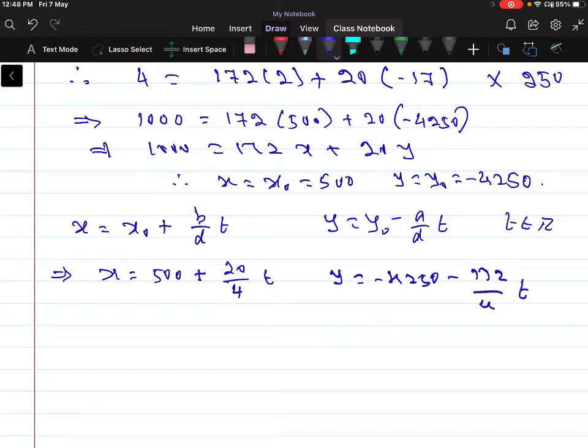So this implies x is equal to 500 plus 5 times t, y is equal to minus 4250 minus 43 into t, where t belongs to integers. t is any integer.